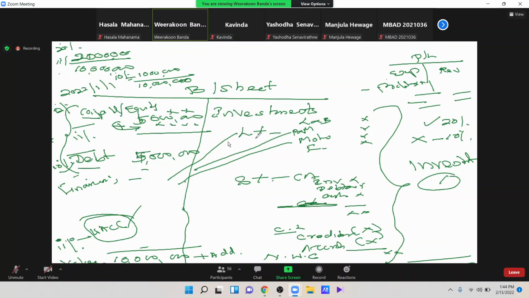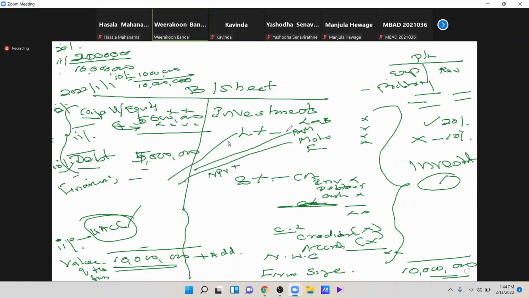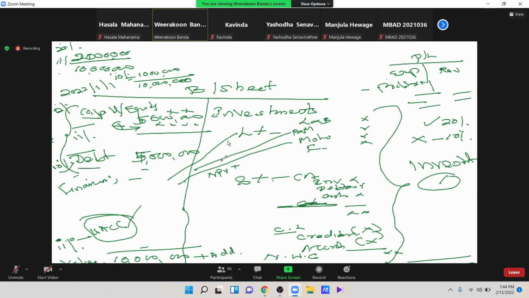Then that particular project may indicate its net present value. If you have learned that concept, project appraisal, if the NPV, net present value, after discounting all the cash flows generated from this particular project or asset investment at an 11% rate, then ultimately that may indicate the NPV value.